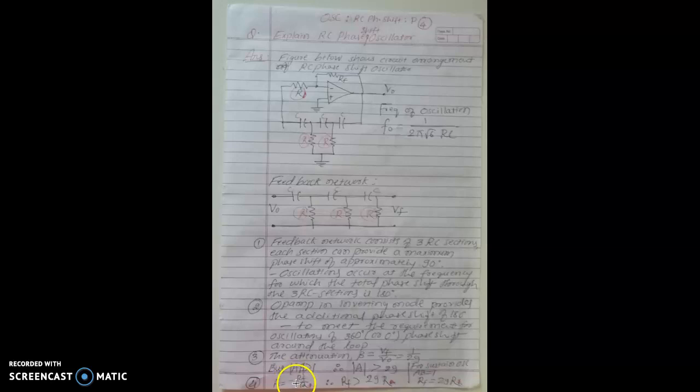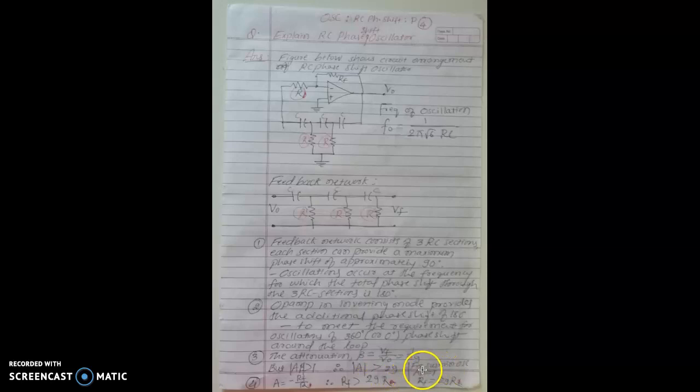The value of the gain is the ratio of the feedback resistor to the input resistor, Rf by R. If A is greater than 29, it means Rf by R is greater than 29. Taking R to the other side, Rf is greater than 29 R.